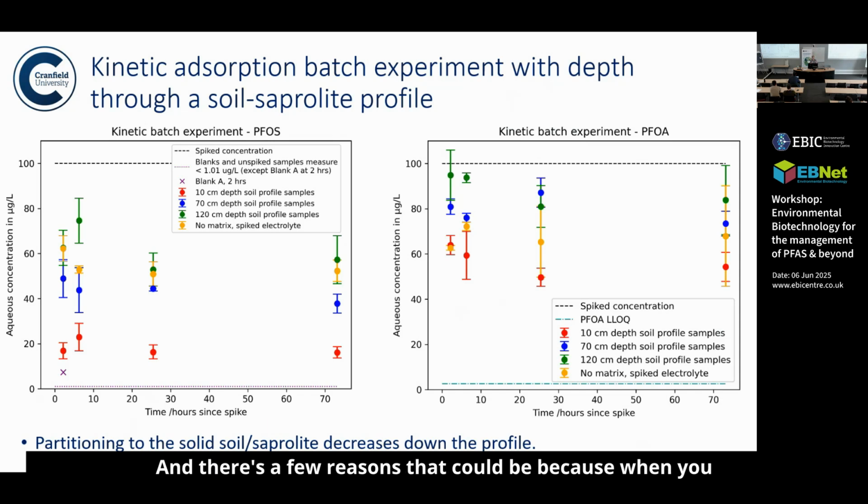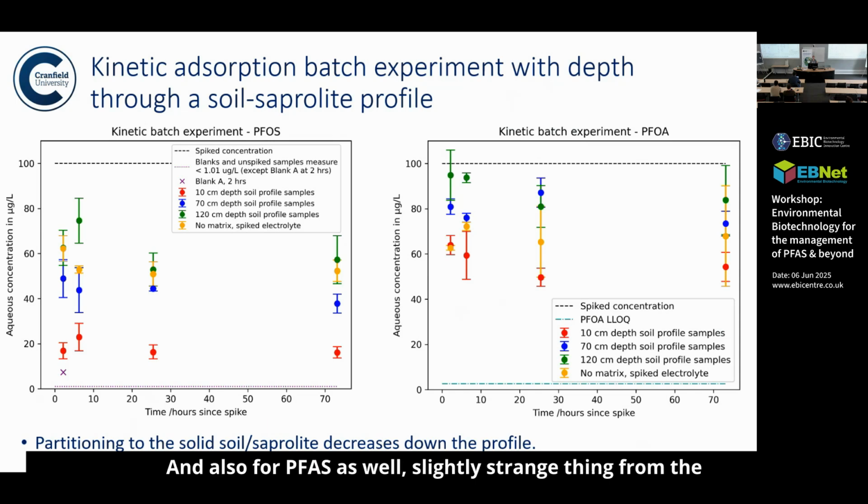When you have your electrolyte only samples, you actually have lower pH and lower ionic strength, and so you're probably getting more loss of your PFAS because it's absorbed on the internal wall of your plastic tube and on the internal wall of your pipette tips as well.